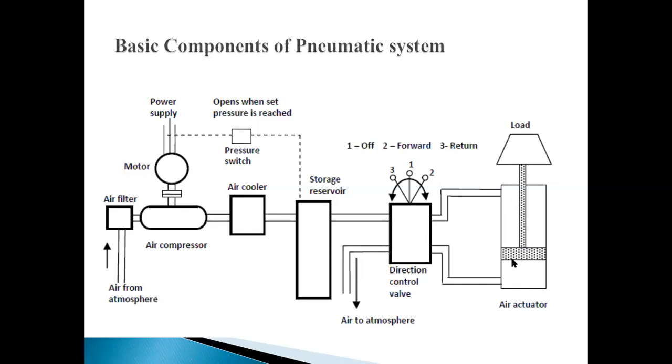So now whenever we have to lower the load, we keep the lever on position number 3, so the air from the compressed storage moves through this path, through the pipeline, and enters at the top side of the piston. Now this compressed air will try to move the piston in the downward direction.